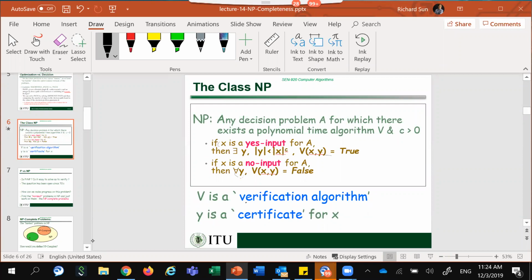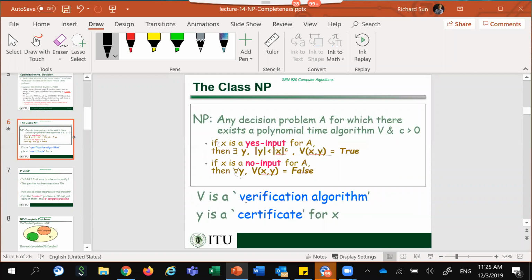So if such a polynomial time algorithm exists to validate a decision problem x and a guess of the solution, and answer correctly, then such a problem is called NP.